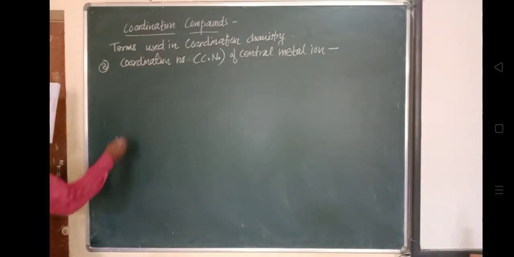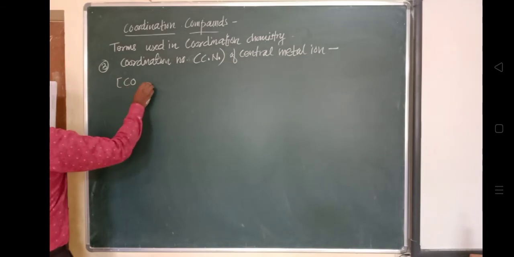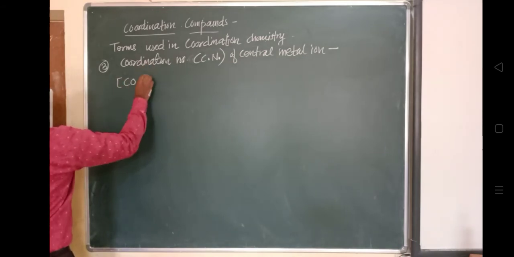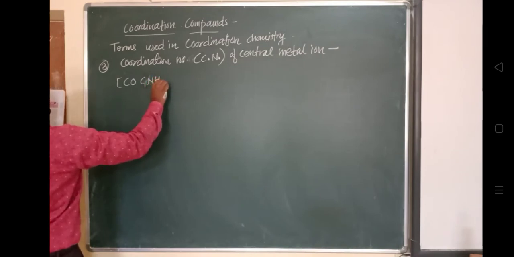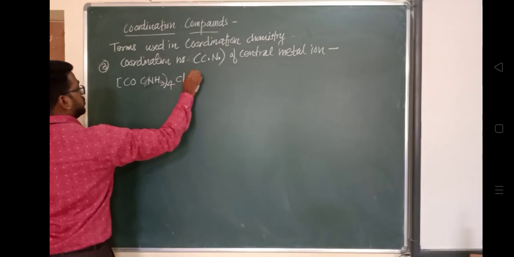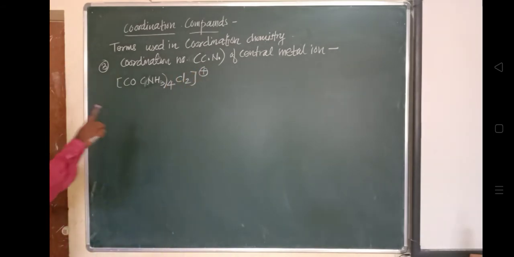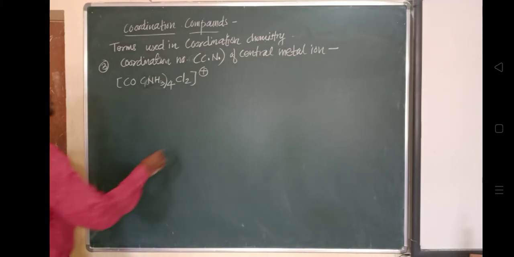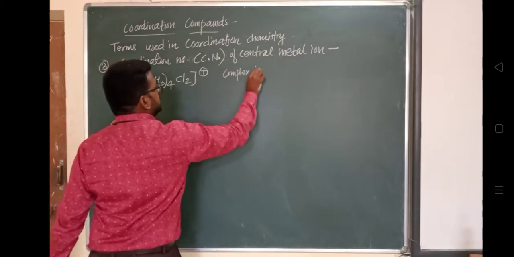So cobalt will act as the central metal ion here, and the 4 molecules of ammonia and the 2 chloride ions will act as ligands attached to this cobalt.